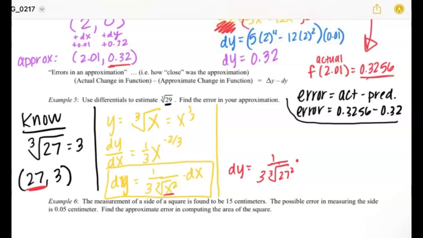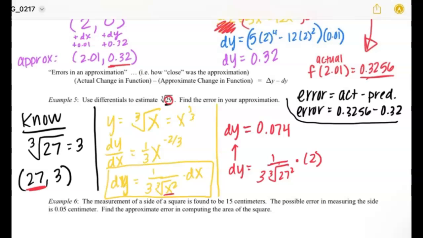And that's where now we look at this 29 and we say, oh, our change in x was 2, because from 27 to 29, that is 2. So the known to the predicted is that change in x. And so we'll throw this in our calculator, and we will get that dy is equal to 0.074.